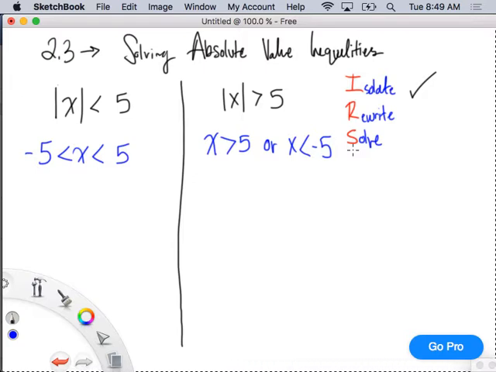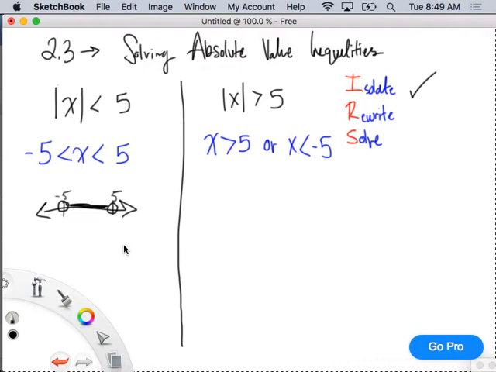I probably won't give you something that simple. But with that being said, you may be asked to graph it. In that case, if this was a number line, for instance, if this was -5 and this was 5, this is x in between -5 and 5, exclusive, and that would be how I would graph it on a number line.